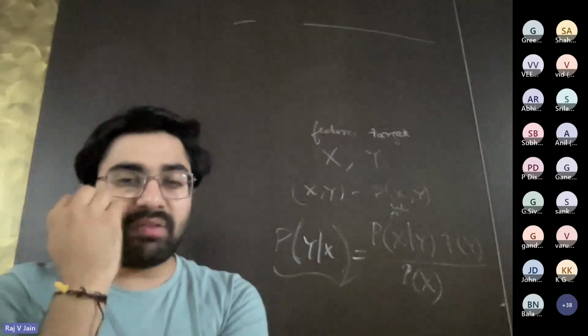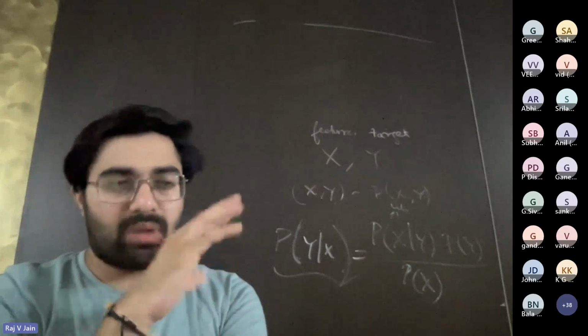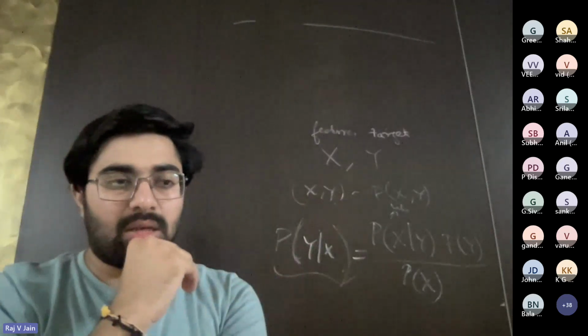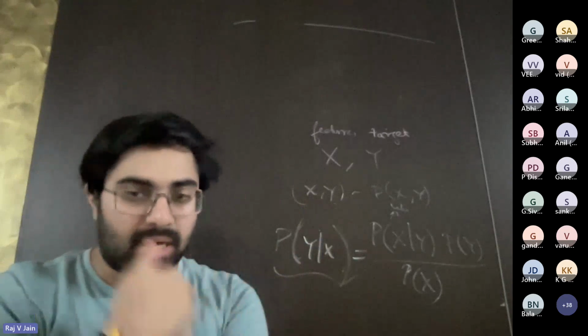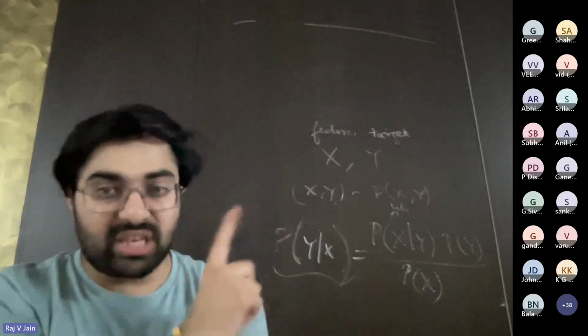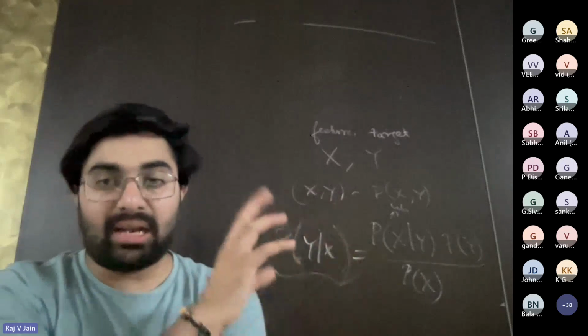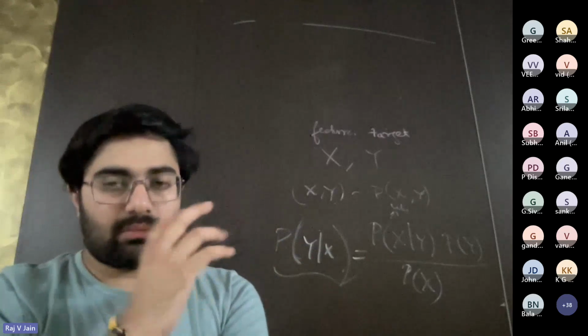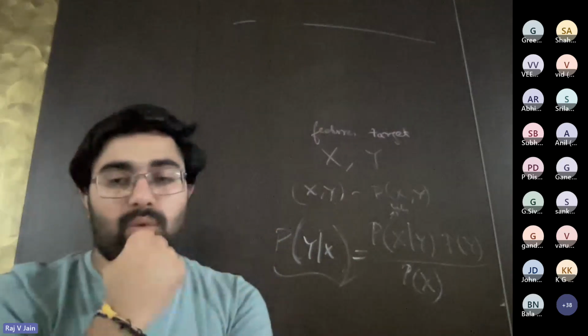We'll see a very interesting mapping between how clustering can be seen as a probability distribution, which relates this probability and the algorithm that you have learned in some sense.